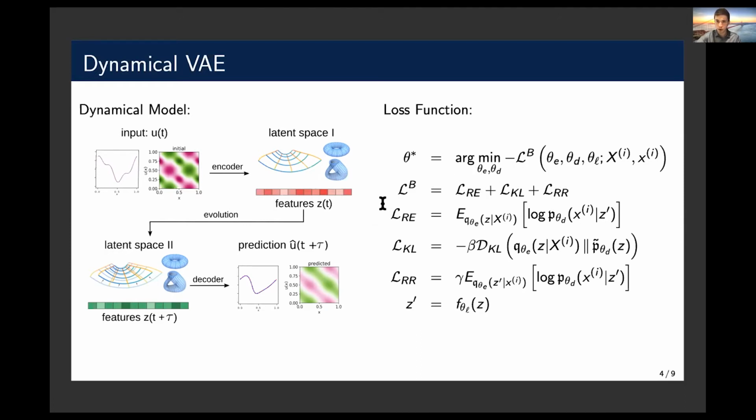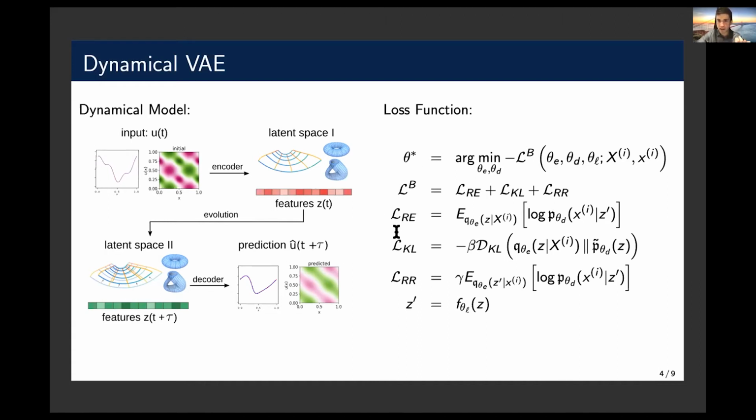The first component, L subscript RE, basically asks the model how well can it take an input, encode it, evolve it a single time step, and then decode it? Is the prediction accurate after a single time step?